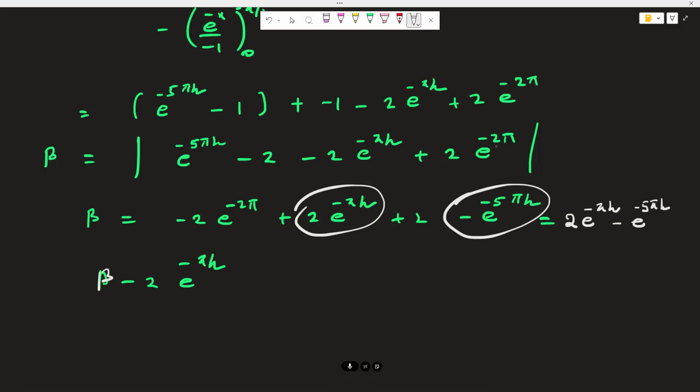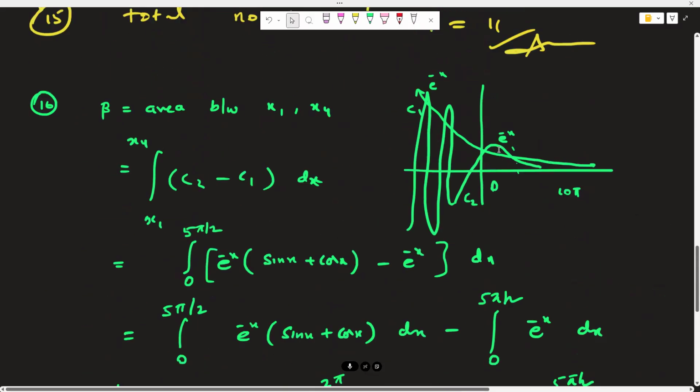And we need this value from the question part.